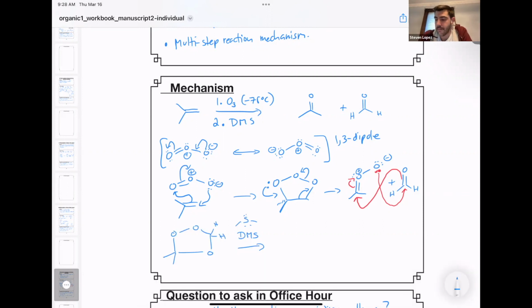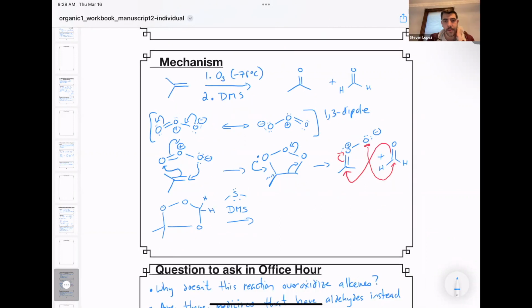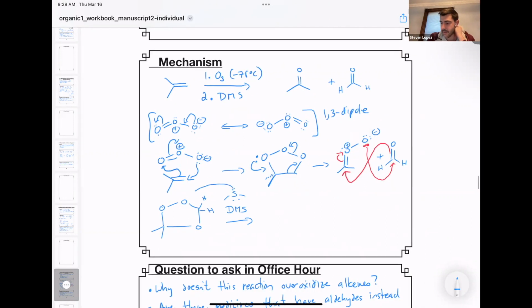Recognizing that dimethyl sulfide, DMS, is a pretty good nucleophile will help you through the next steps. So dimethyl sulfide will attack this oxygen as the electrons from this oxygen go back and attack the sulfur. This helps to make a sulfur-oxygen bond. As this reaction happens, the oxygen-oxygen bond collapses to form what will become the ketone.